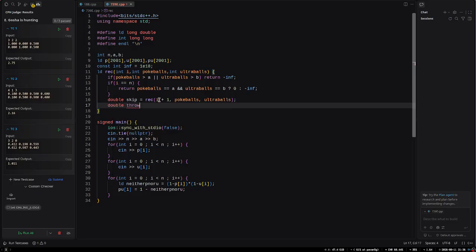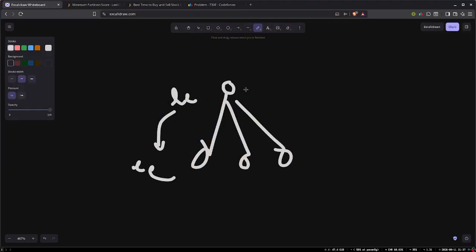And the other way is to throw a Pokeball, which would result in probability P of I. What's the formula of expected value? Once again, probability times actual value. So you're throwing one Pokeball, so it's 1, so I'm not writing it, plus the remaining recursion would do its work of computing the remaining sum.